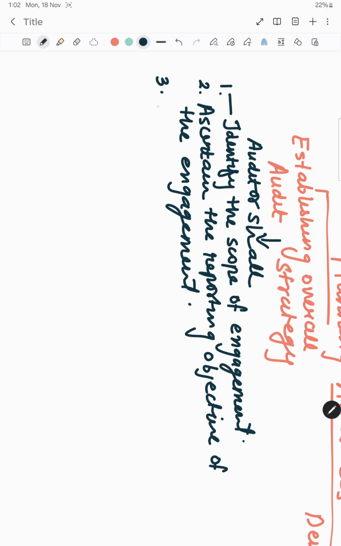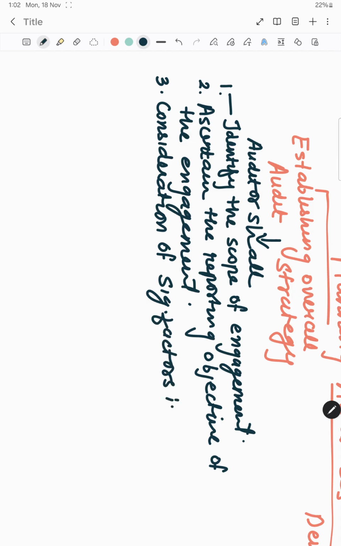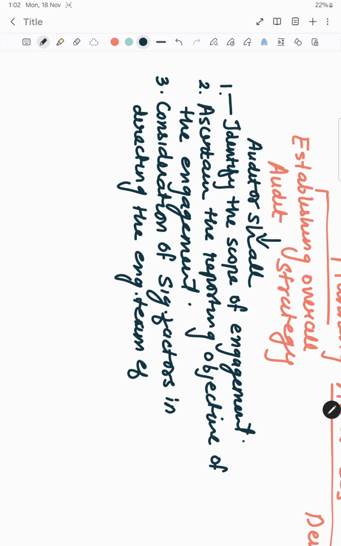Third point is consideration of significant factors in directing the engagement team effort.